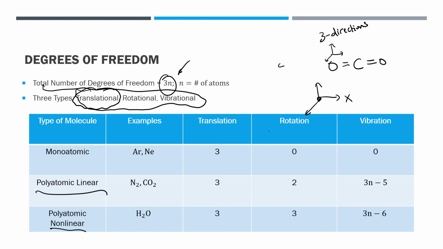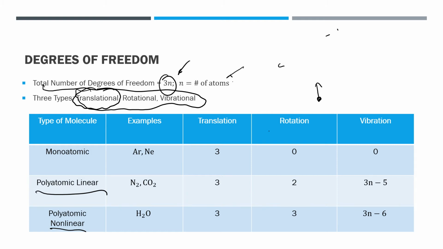Note, I'm not talking about each individual atom now, like how I found the total number of degrees of freedom. I'm talking about the molecule or particle as a whole, and it must have 3 translational degrees of freedom at all times, because it can move in 3D space.